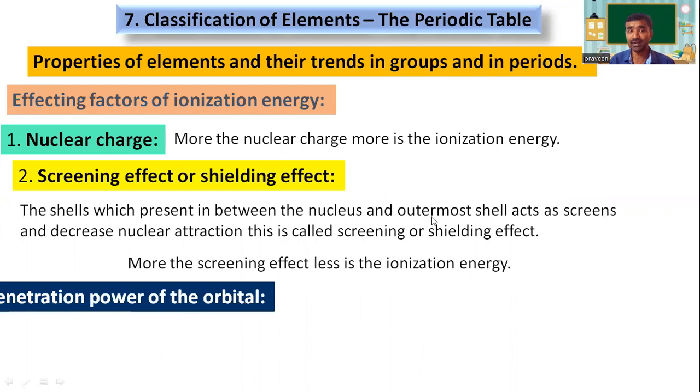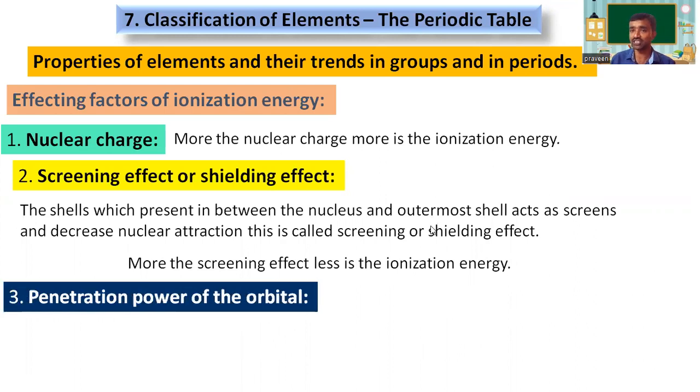Next, penetration power. If penetration power is greater, then ionization energy is also greater. To remove an electron from 2p compared with 2s, which is greater? Penetration is greater for 2s compared with 2p. So to remove an electron from 2s, you require more energy compared with 2p.